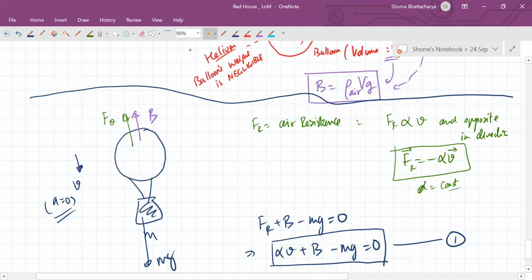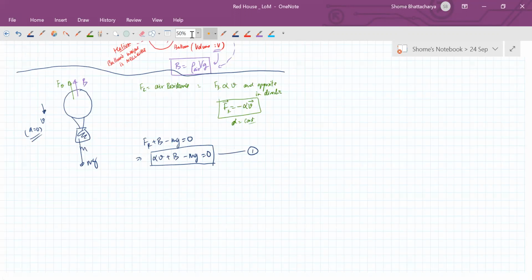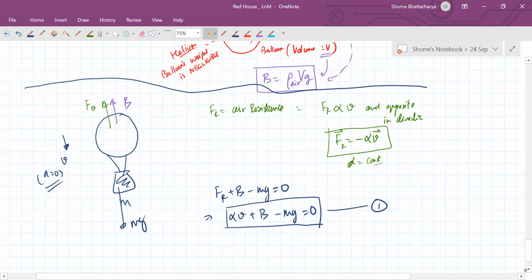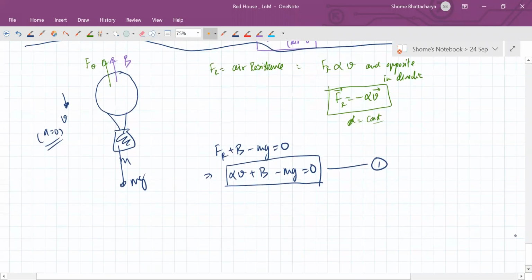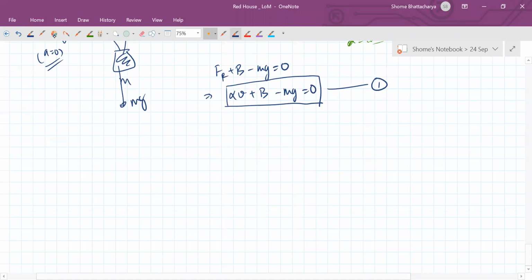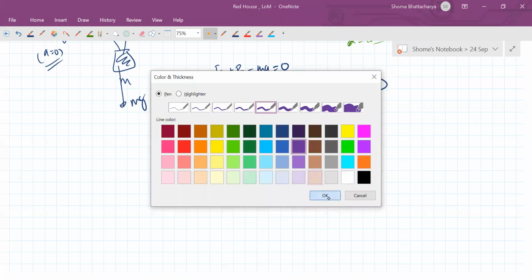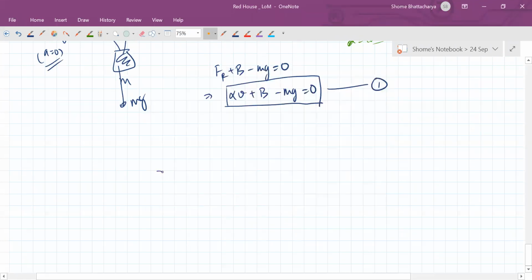Now in the second part, we are removing some mass. We are throwing out some of the mass from that block, or that basket, and as a result of the lightening of the weight, instead of descending with a constant velocity, it now starts ascending with the same velocity.